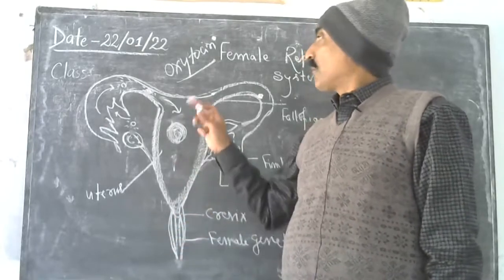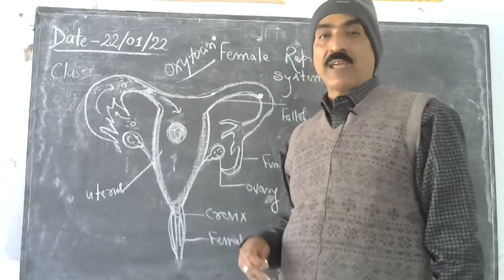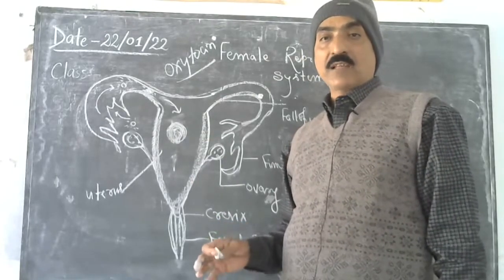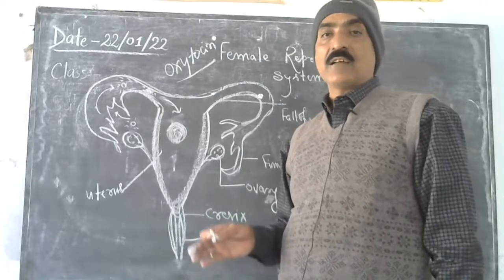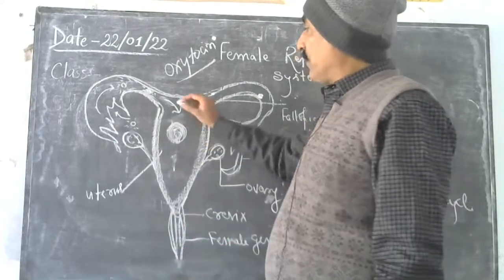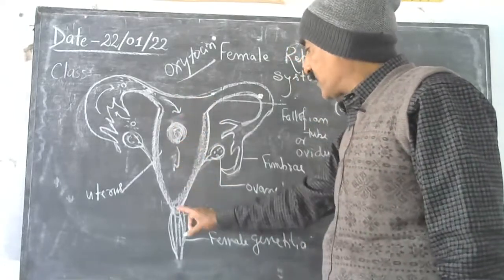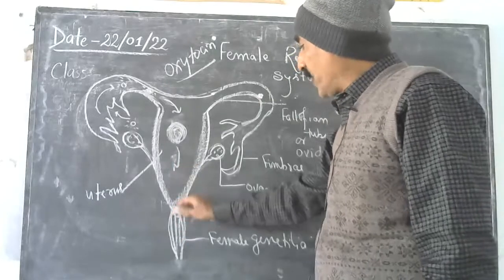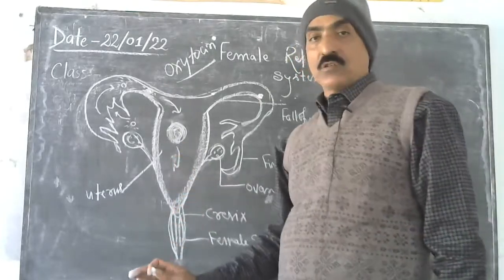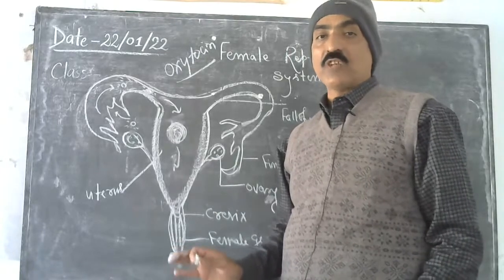This is the oxytocin hormone that brings labor pain before childbirth, and it indicates that childbirth is about to happen, and so we become prepared. So from here the childbirth will happen, and this is the genital tract through which the child comes out. This is called childbirth or parturition.